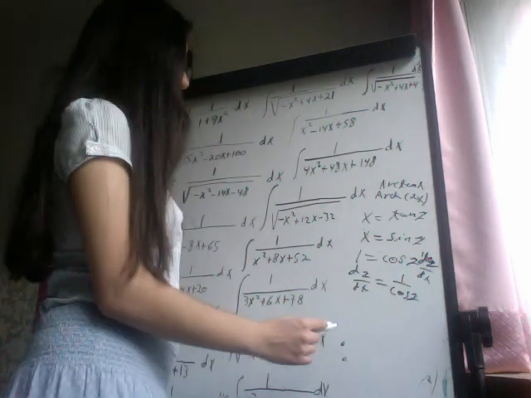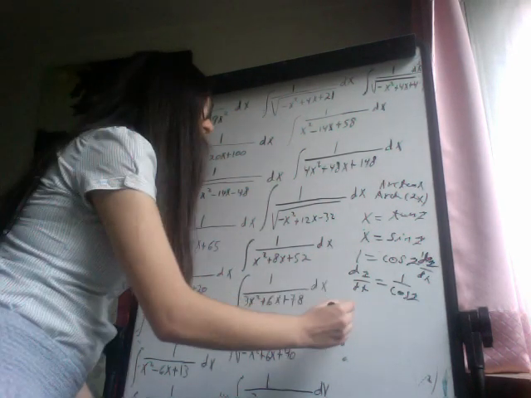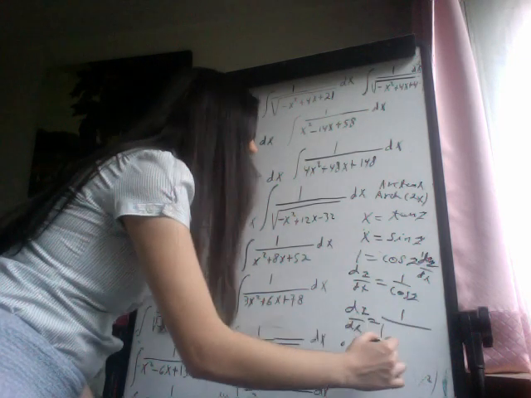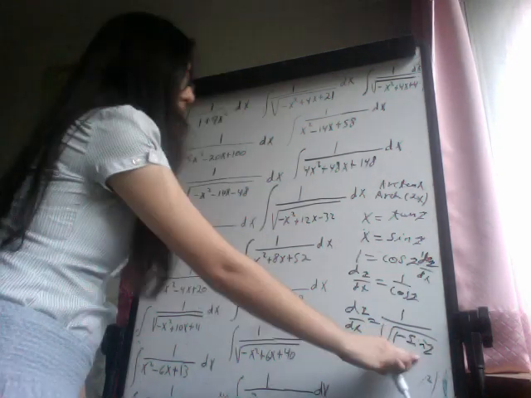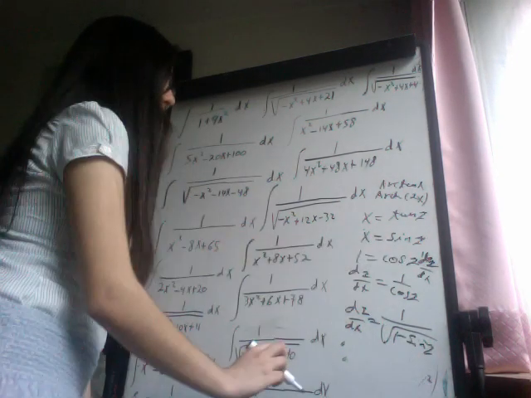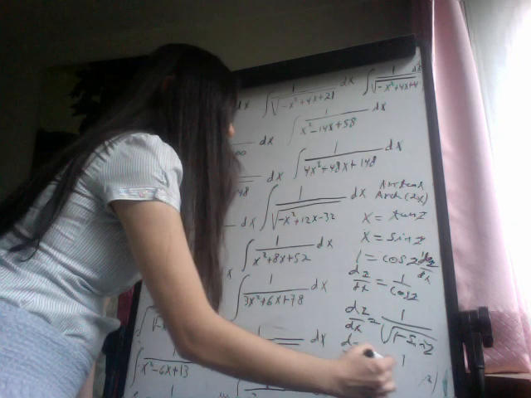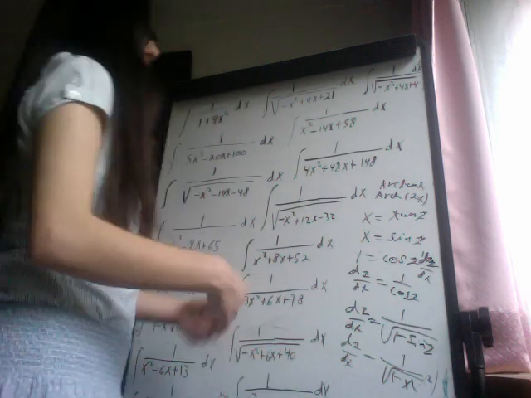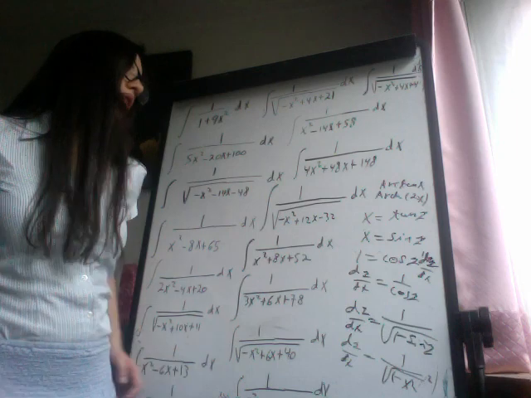And again, let's put cosine y in terms of sine y. So dy/dx is equal to 1 over the square root of 1 minus the square sine of y. And now what's square sine of y? It's square x. So dy/dx is 1 over the square root of 1 minus square x. And remember that if we have something inside, we then take the derivative of what is inside.